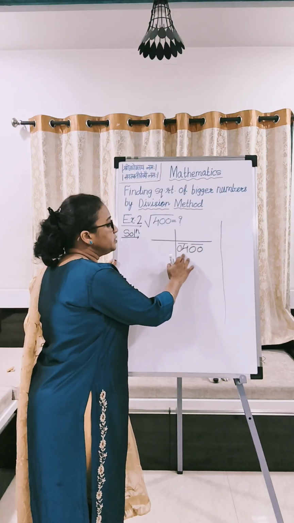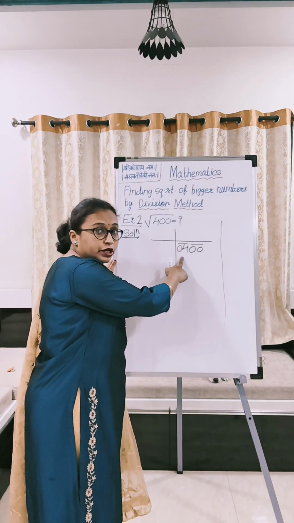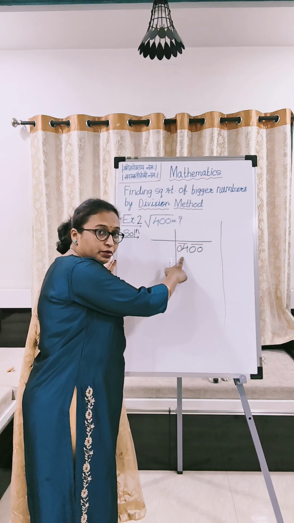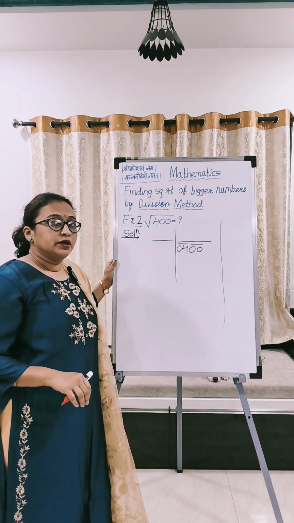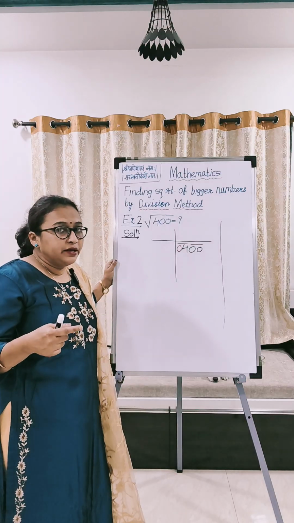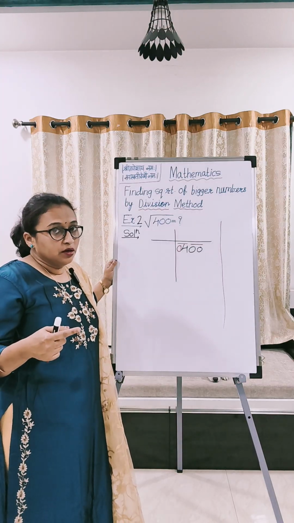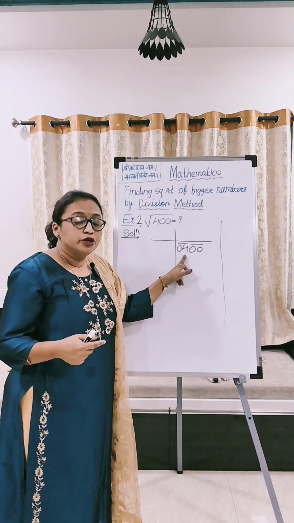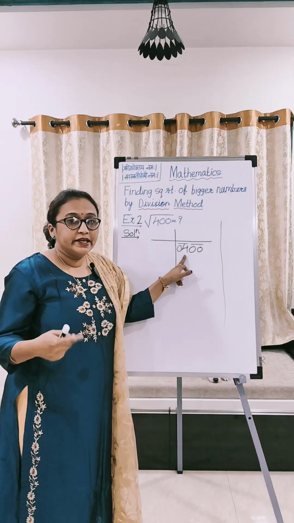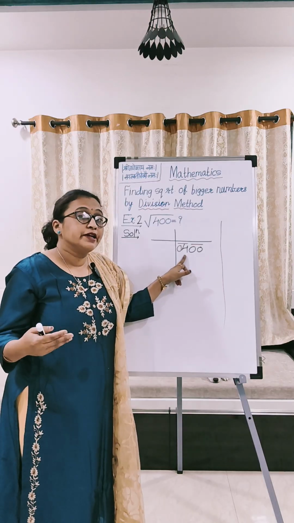For that we will consider first this group 04, that is the number 4. Now we are going to subtract the square number which is less than or equal to 4. So whose square is 4 or less than 4?